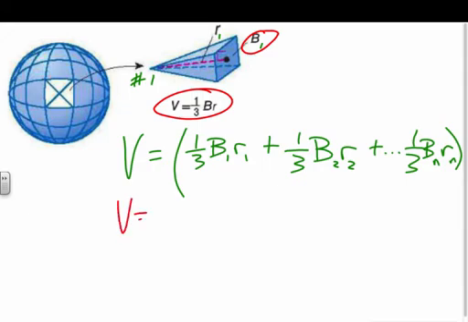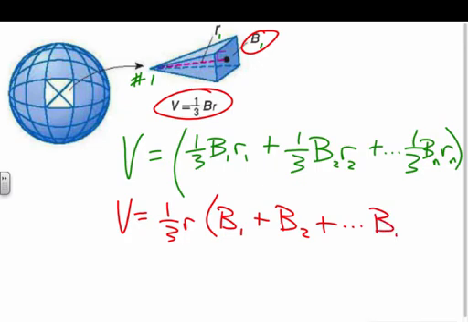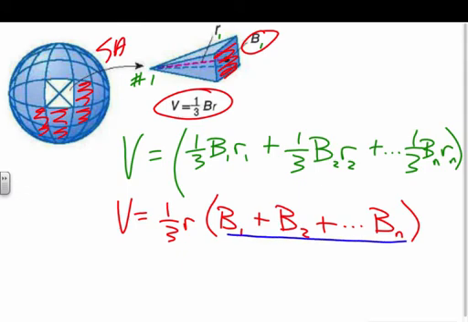Well, what I could do is factor out a 1/3 R out of here. And then we're just left with all the areas of the bases of those pyramids. And if I added up all these areas of the bases, what would that give us? The surface area, right? So basically I could replace this entire thing with the surface area of a sphere.